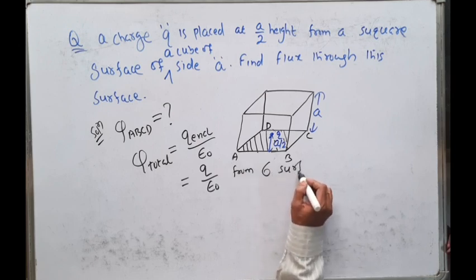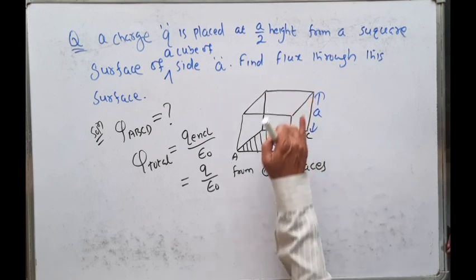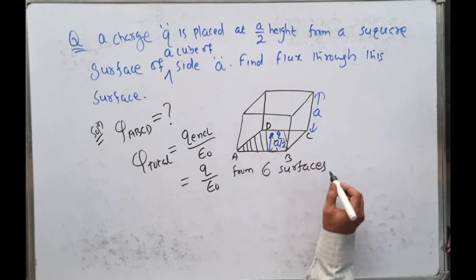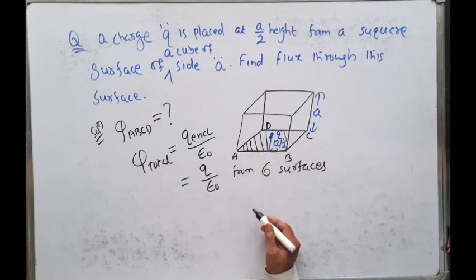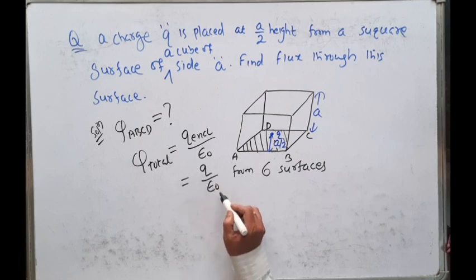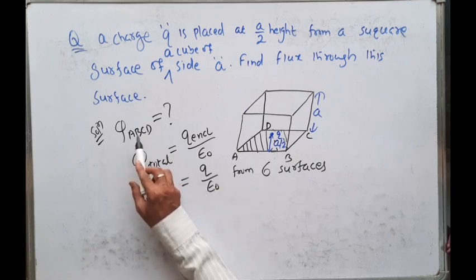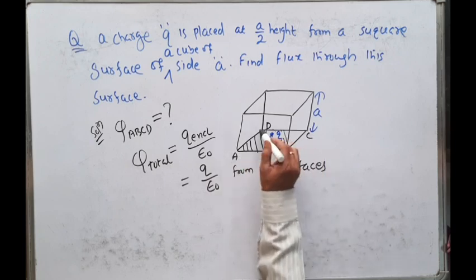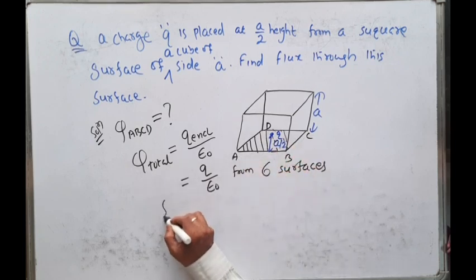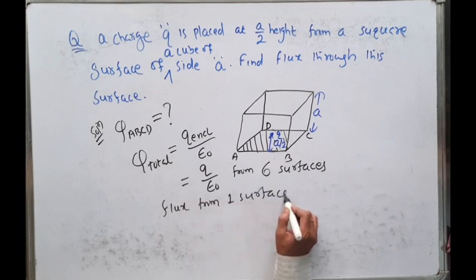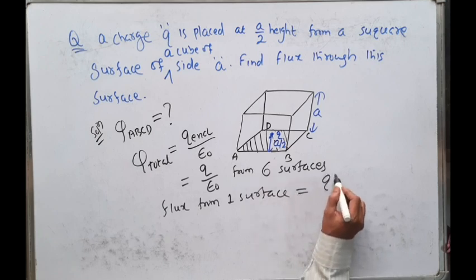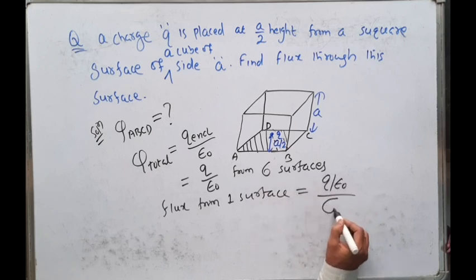From 6 surfaces, because in a cube there are 1, 2, 3, 4, 5, 6 surfaces, where each surface is a square. But our question is to find the flux through only the ABCD surface, that is one surface. So the flux from any one surface is the total flux, Q by epsilon naught, divided by 6.